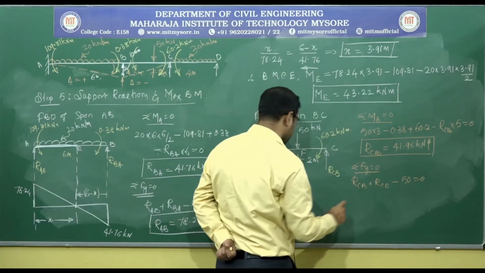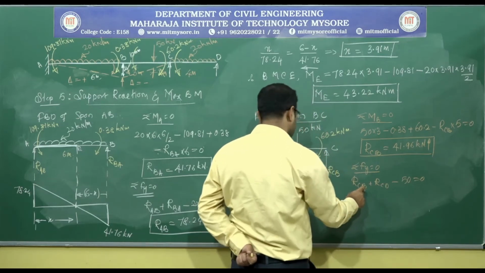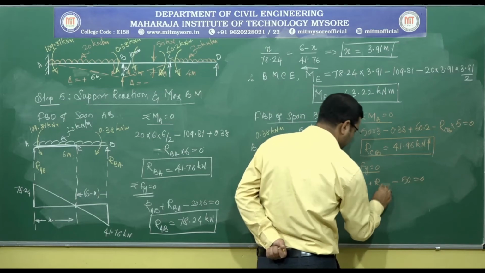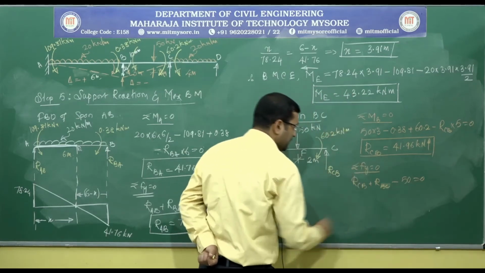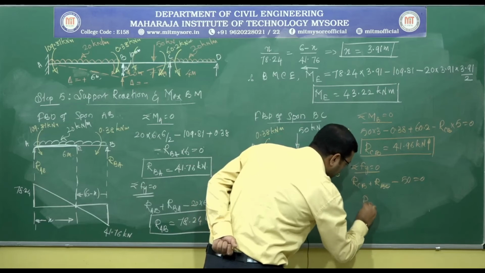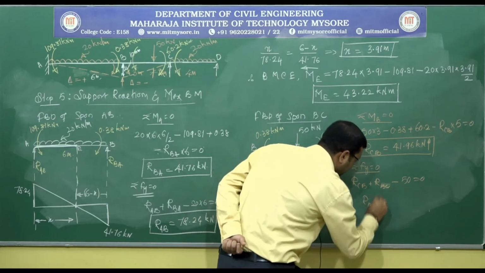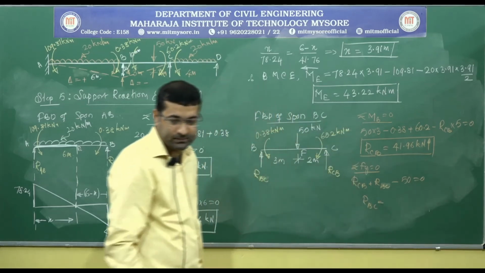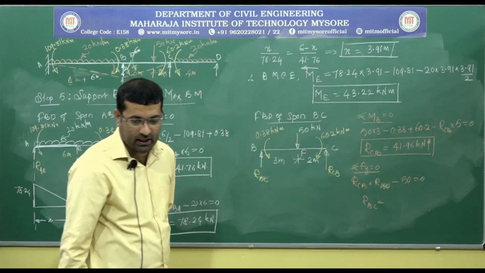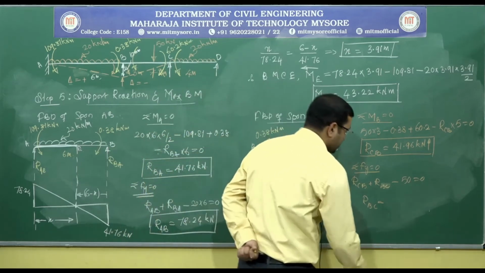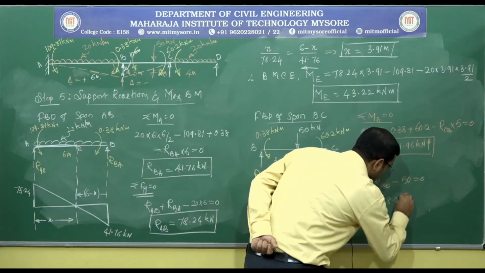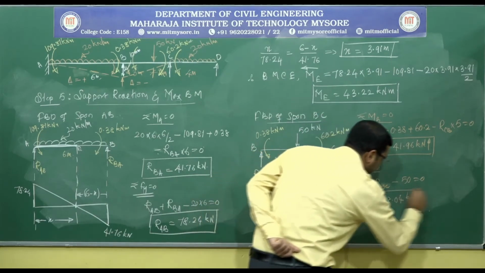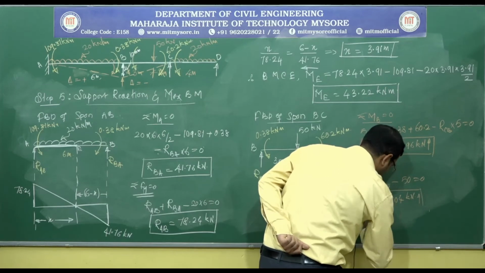If I substitute the RCB value, I will get RBC as 8.04 kilonewtons. This is also acting vertically upwards.